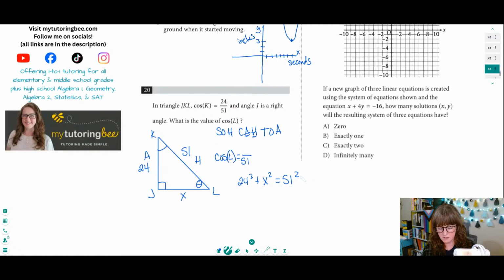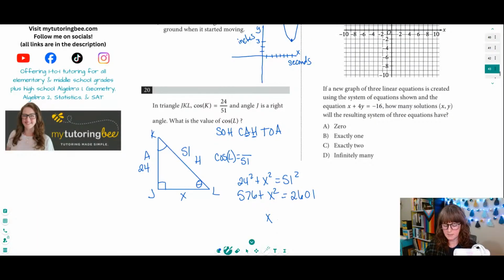So let's use our handy dandy calculator. 24 squared is 576 plus x squared equals, and 51 squared is 2601. All right, and then we're going to subtract 576 from both sides.